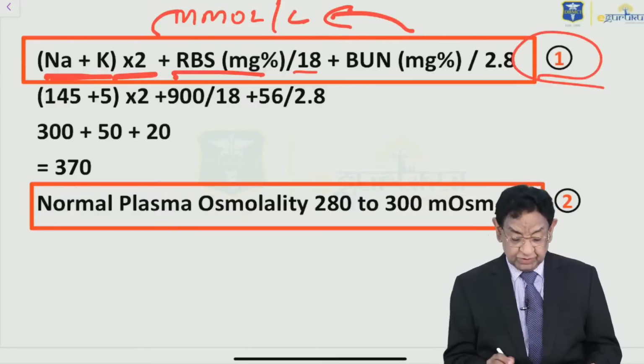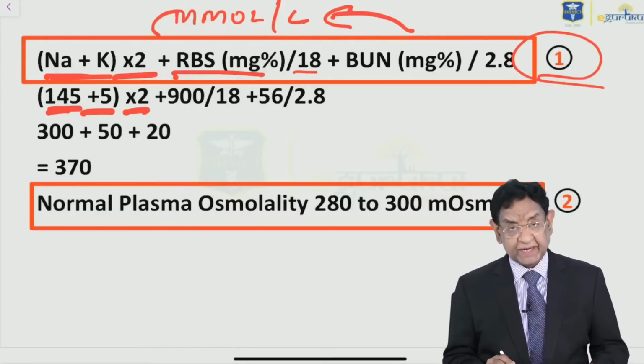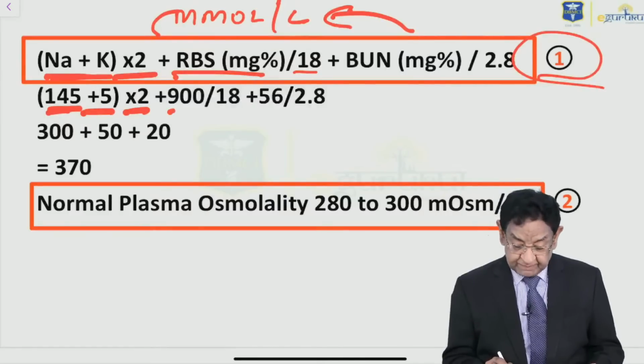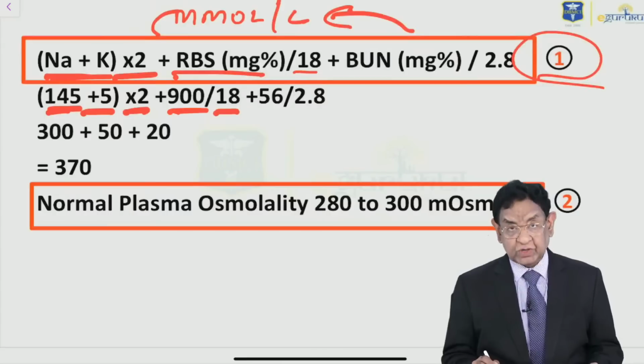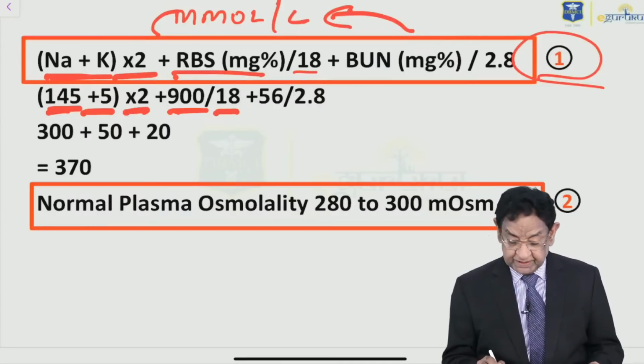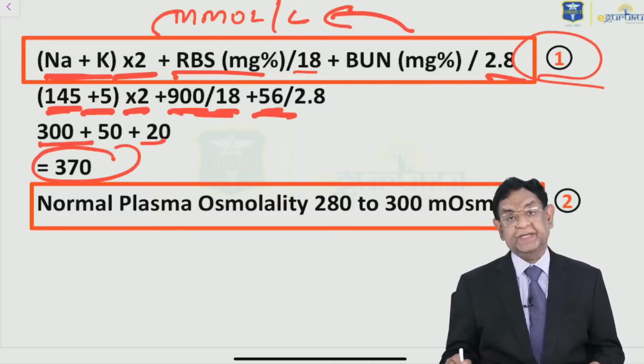Well, as we know, in this case, sodium was 135, potassium 5, you multiply by 2. RBS 900 mg, you divide by 18 to convert into millimole per liter. 56 is BUN, you divide by 2.8, and this way 300 plus 50 plus 20, 370.